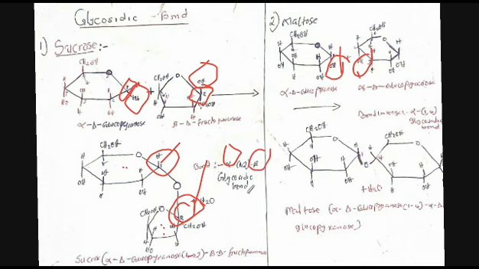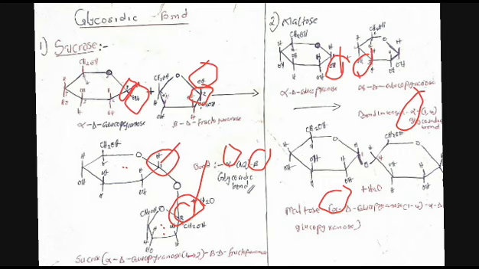But in maltose they are both facing down, so we say alpha-D-glucopyranose 1,4 alpha-D-glucopyranose, and the name of the bond is alpha-1,4 glycosidic bond.